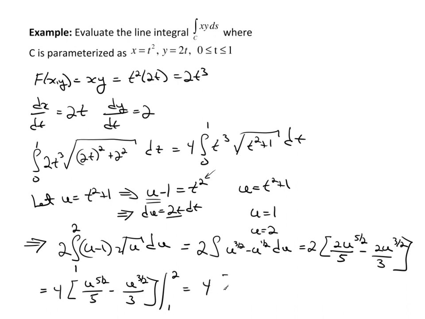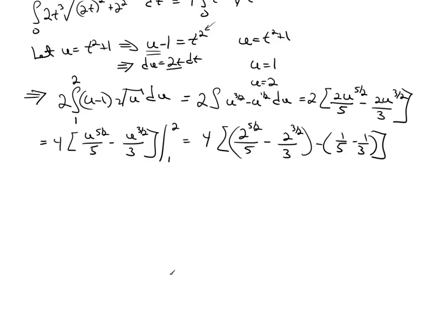It's going to end up with 4 times 2 to the 5/2 over 5 minus 2 to the 3/2 over 3, minus 1/5 minus 1/3. There's just some arithmetic to be done here.